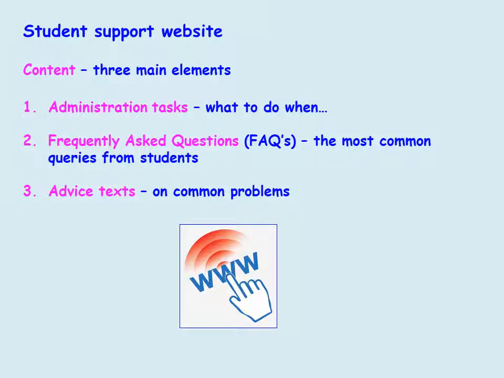It should have an administration page to tell students what they need to do and when. Then it should have pages of frequently asked questions, the sort of things that students often need to ask. But for good support, it should also have some advice texts on common problems.